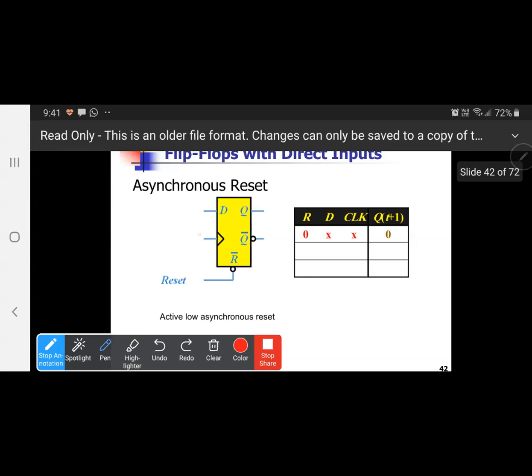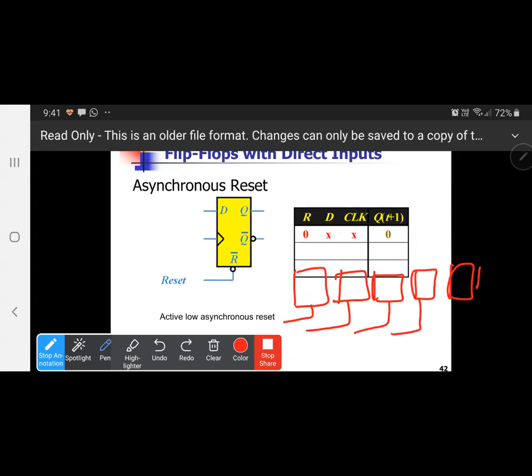We cannot use a single flip-flop all the time. We need to use multiple flip-flops, maybe 8 or 4. If I give the individual command, it will take time, or I give the common command to all.